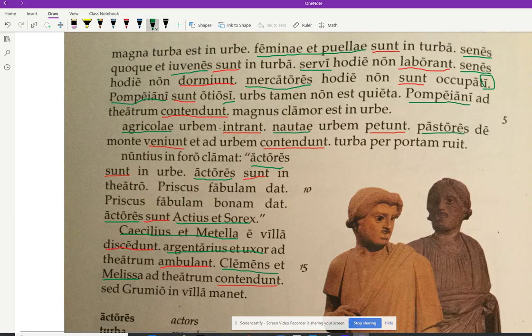Agricolae urbem intrant. Okay, so intrant, they enter. Agricolae enter. The farmers enter the city. So agricolae goes for agricola. Nautae urbem petunt. Okay, petunt, I'm sure we've mentioned, can mean different things. Can be ask for, can be seek, can be attack. Or it can also just be head for, which clearly is what we want here, right?